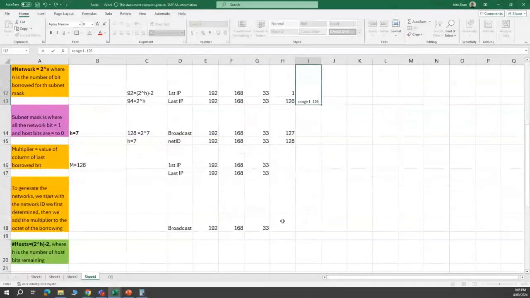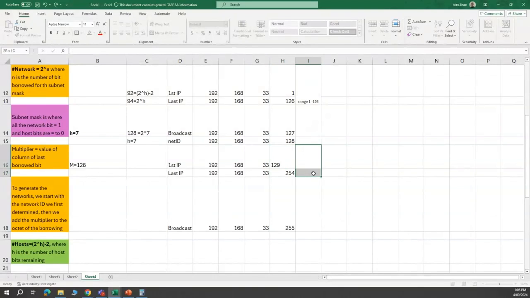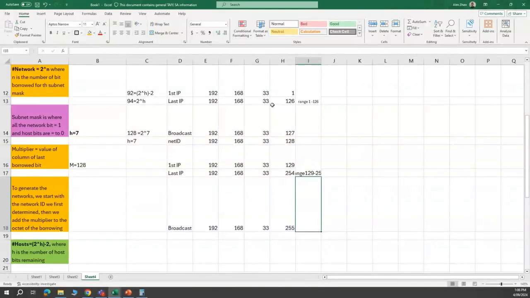And if we do the same thing, the broadcast here is 255, the last usable is 254, and 1 after the network ID is 129. So the range for this network is from 129 to 254, between those two IP addresses.